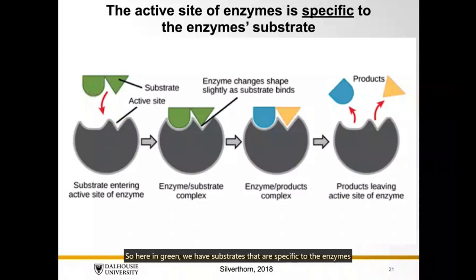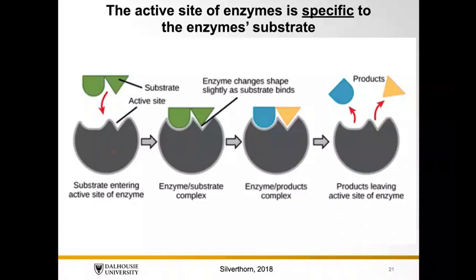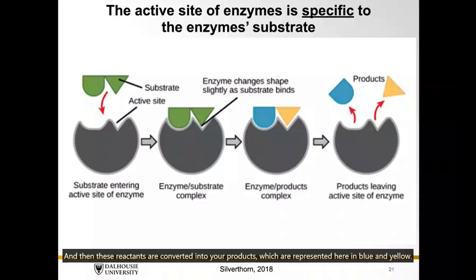So here in green, we have substrates that are specific to the enzymes. And we can see in step 2 that they're now bound to the enzyme. When this happens, the chemical reaction is more likely to happen. It's going to happen faster. And then these reactants are converted into their products, which are represented here in blue and in yellow.